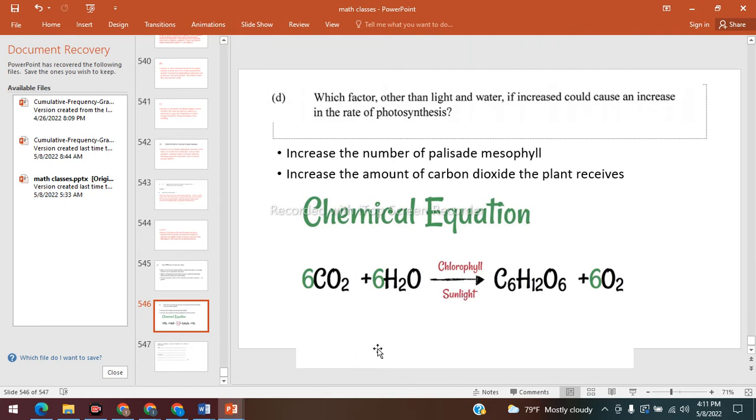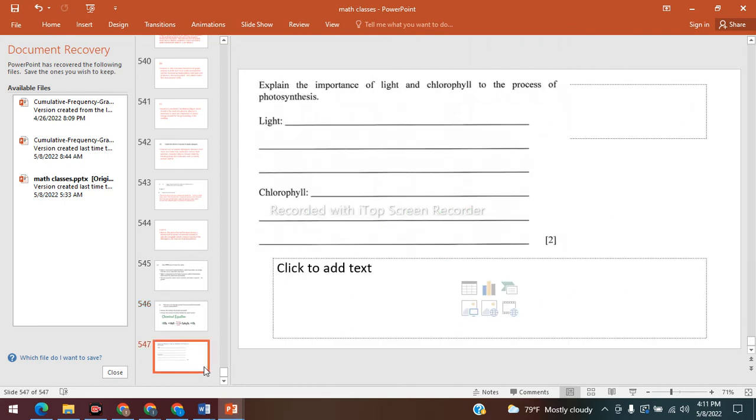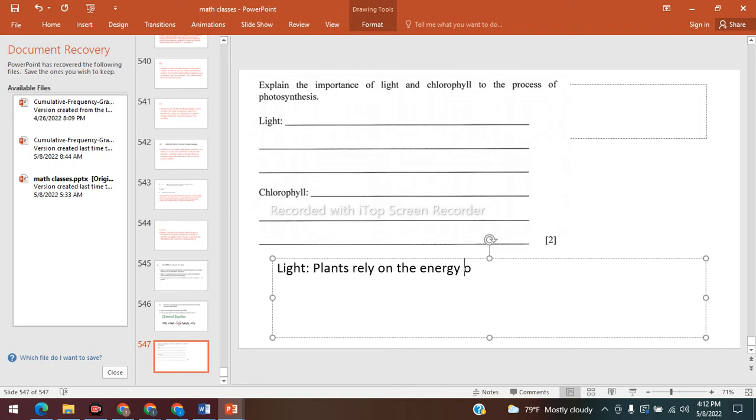Okay, so sunlight. Let's talk about the light for a moment. Plants rely on the energy of the sun.